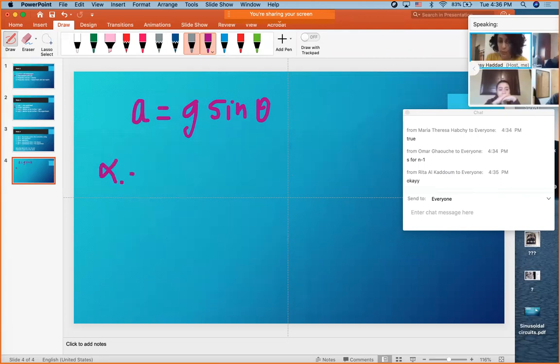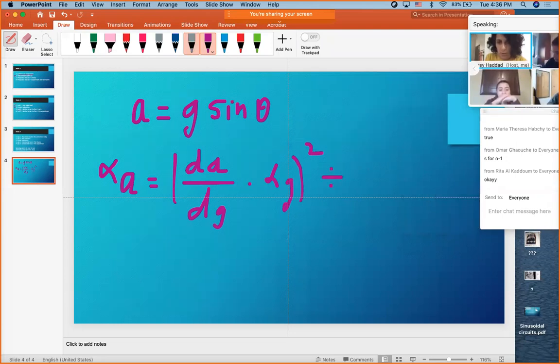The uncertainty on A is equal to the derivative of A with respect to g times alpha g, all of this squared, plus the derivative of A with respect to theta, then uncertainty on theta, and all of this is squared, all right? And we can do the radical.